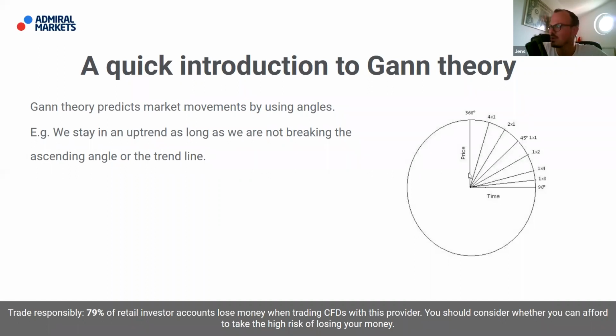Which means, when looking at this, I also have a better example on the next slide. But just assume that you have the price of whichever asset. Let's take gold right now. So you have the gold price here, and as long as the market trades above this line, let's say it's 1 by 2, in fact, it's 45 degrees. As long as we trade above that, we have an uptrend.